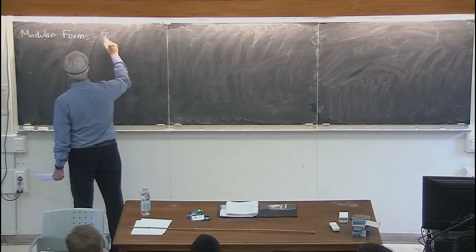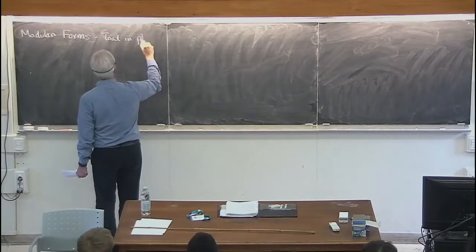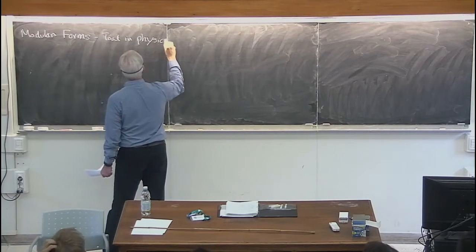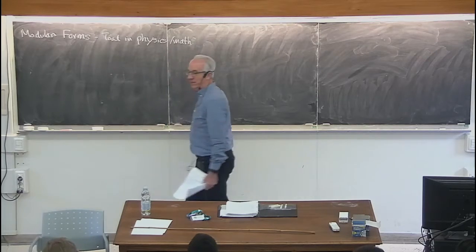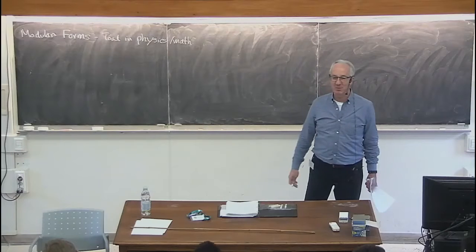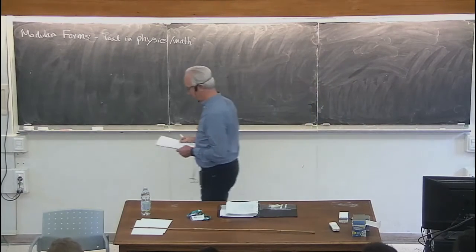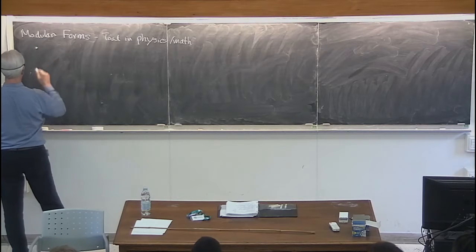And I think that these are an essential tool both in physics and mathematics. Before getting into the details, I want to give you some brief sense of why these are important and the role that they play both in physics and mathematics.